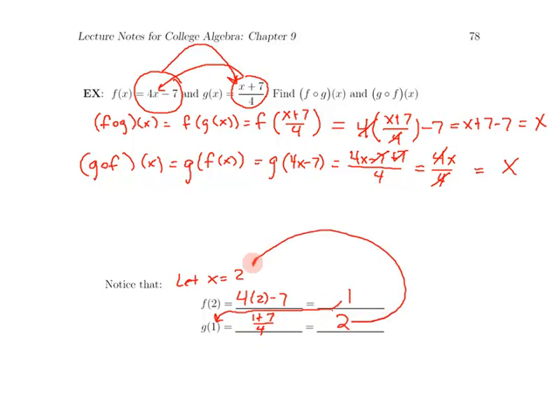Notice that's the same number that I started with. And that will happen for these two functions, no matter what number you start with. You start with 75, 21, whatever. You apply one function after another, you get back to x. You're always going to get what you started with. So that implies that f undoes g and vice versa.